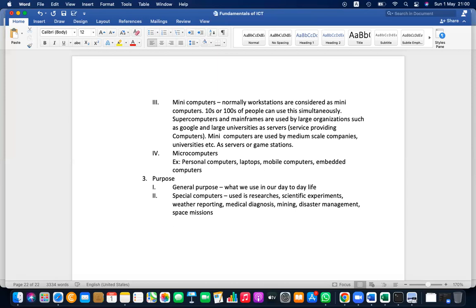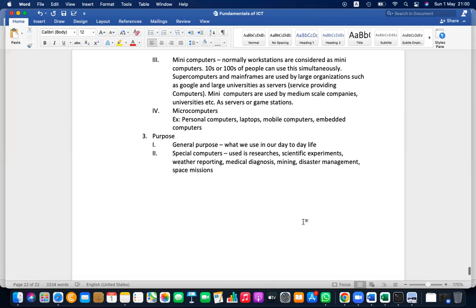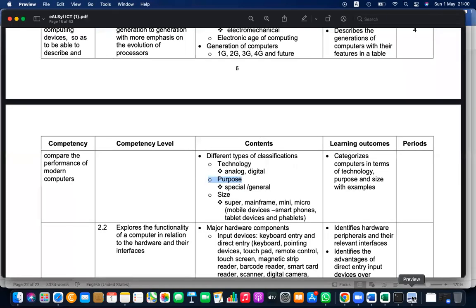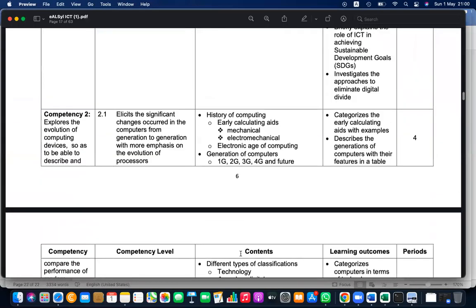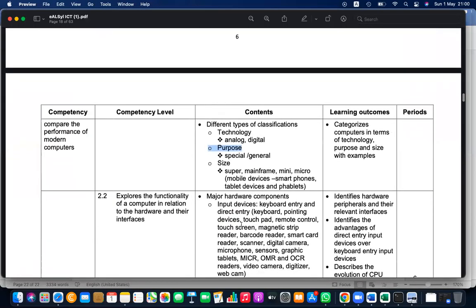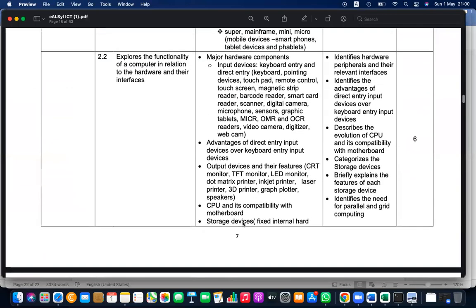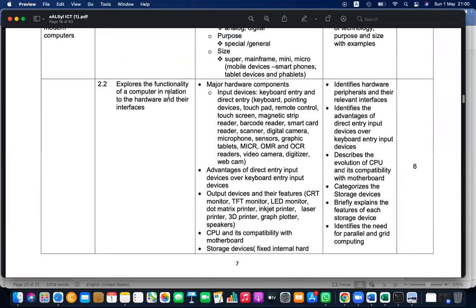Okay. And with that description, I think we have come to the end of the particular part, that 4-period lesson. That's why I said if time permits, we'll go to 2.2. But anyway, we have already discussed 2.2, but we need to discuss a few things, because I'm not going to discuss what is keyboard, what is mouse, and all. We have already learned that.